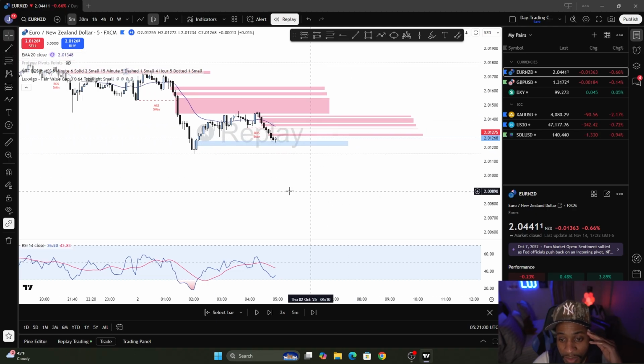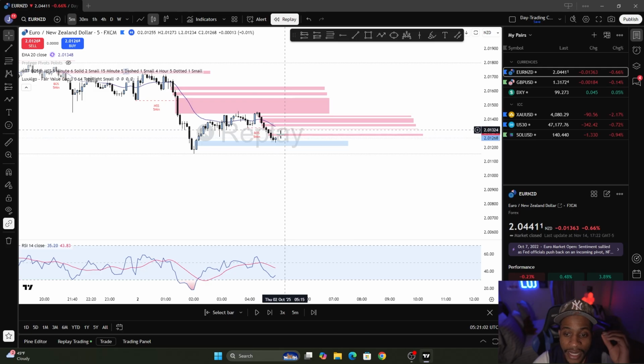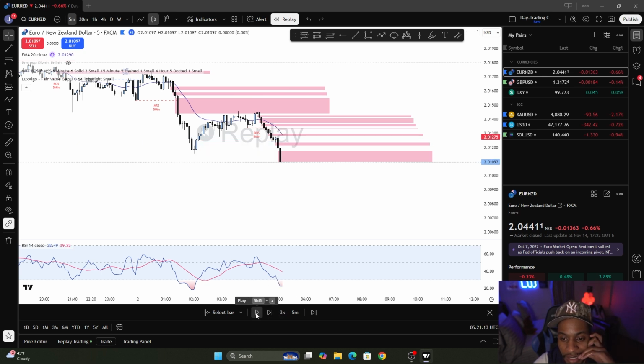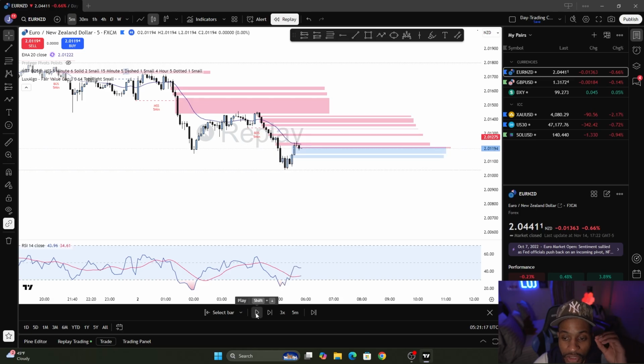In a bullish scenario at a higher time frame fair value gap, I want to see buyers step in at that fair value gap. So I wait for a market structure shift signifying that buyers are stepping in.